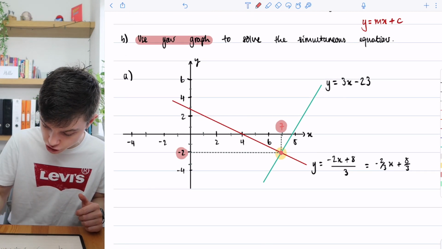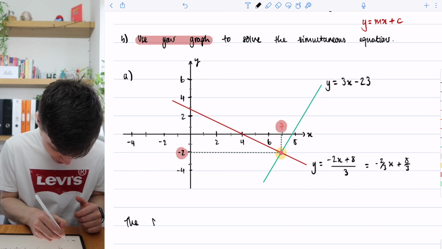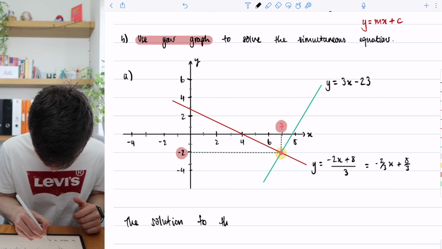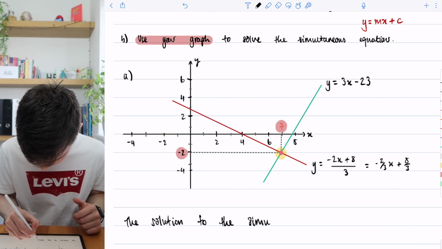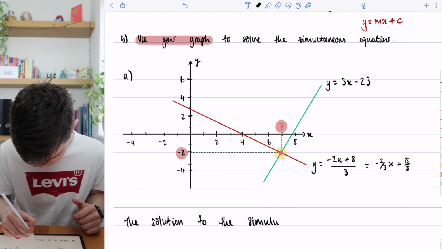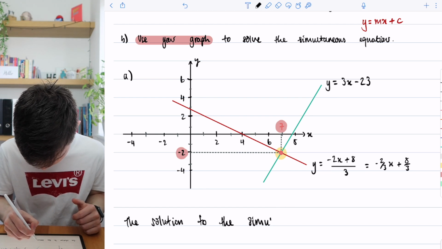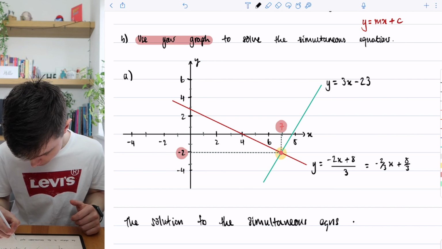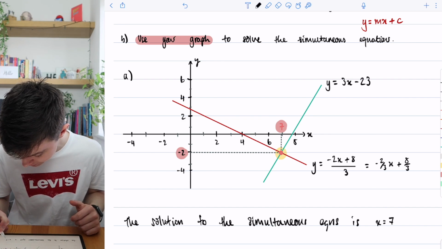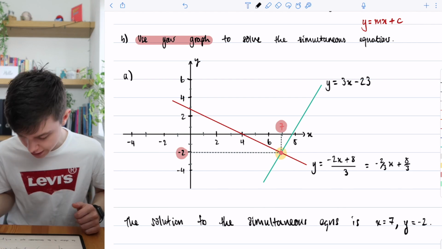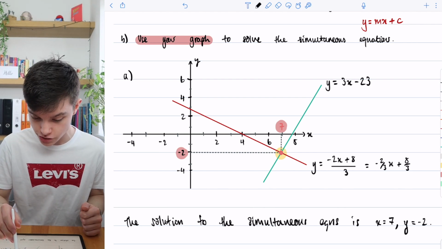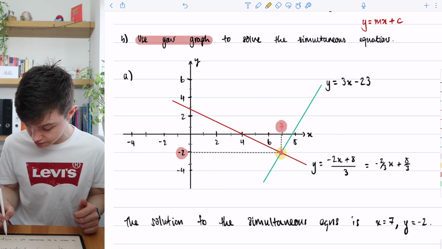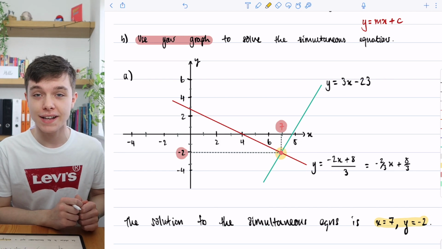Okay, so the solution we can write here to the simultaneous equations is x is equal to 7 and y is equal to minus 2. You could leave it as a coordinate if you want to, but it's nice to explicitly say that x is this and y is this. So that there is our final answer to part B.